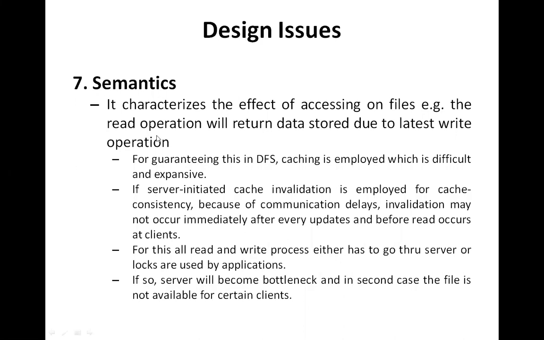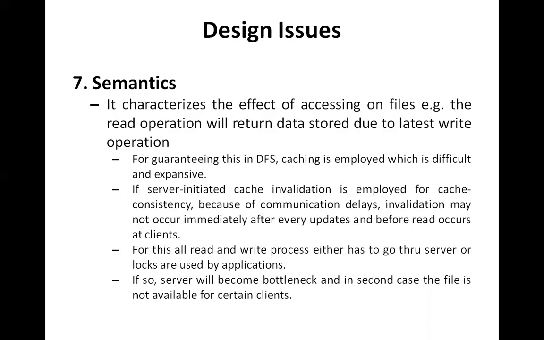Whenever a read operation is done, the server has to return only the latest written, that is updated, data. Guaranteeing this semantics in a distributed file system is very important, and it is going to employ a caching scheme. And we know that a caching scheme is an expensive one as well as a difficult one.